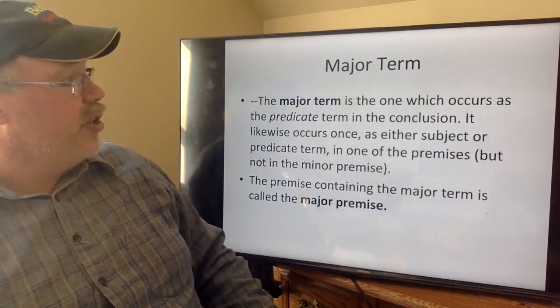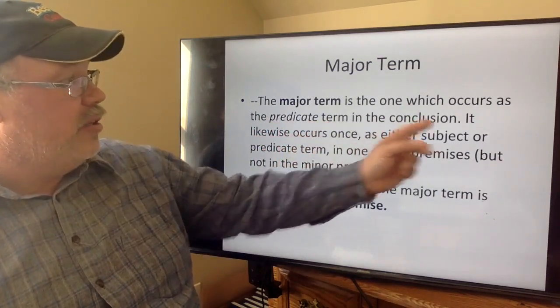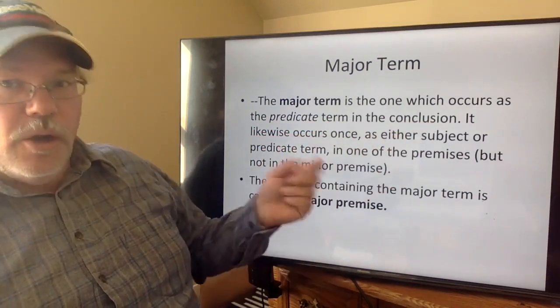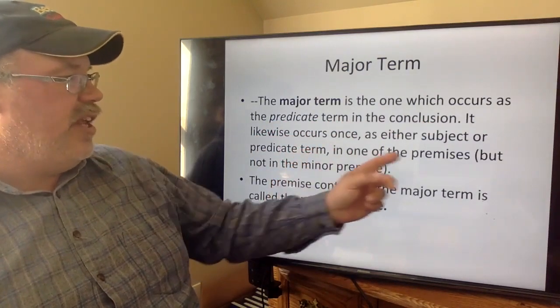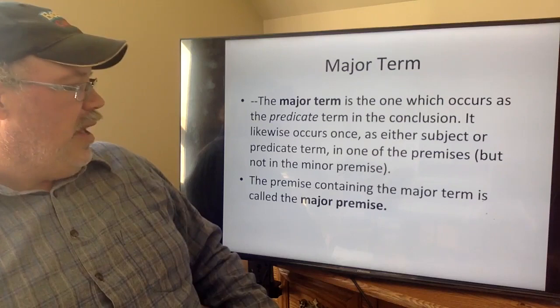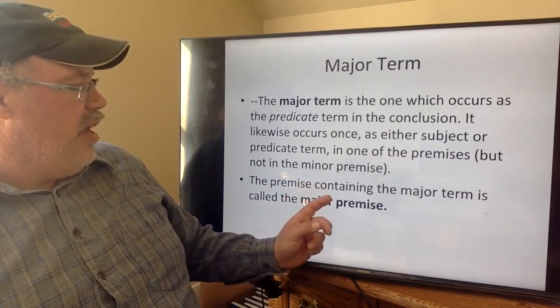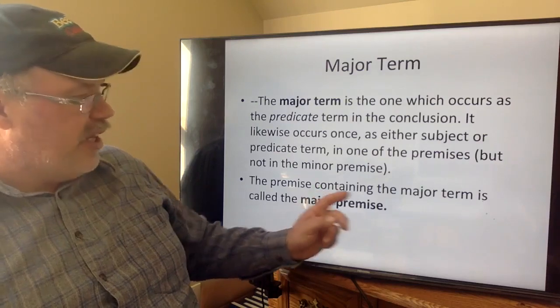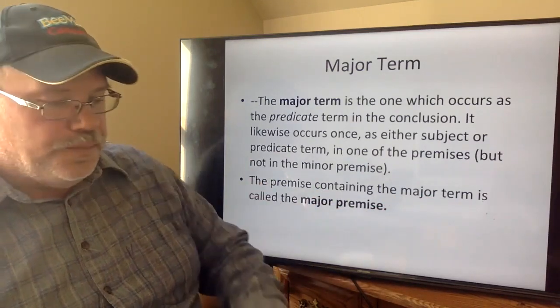The major term is the one that occurs as the predicate of the conclusion. It will also appear as a subject or a predicate in a premise. The premise that contains the major term is the major premise.